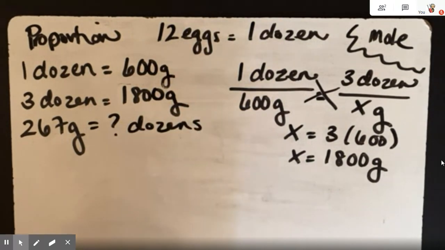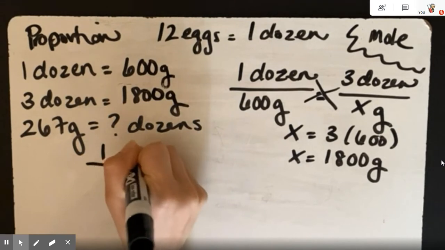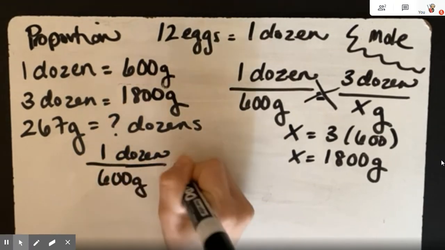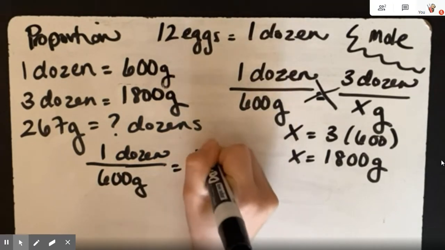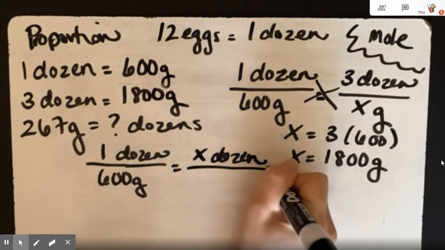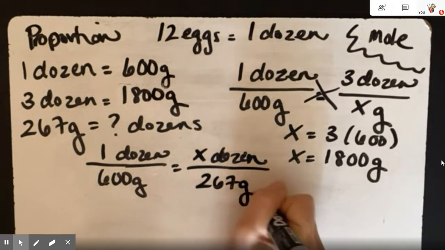How would you figure that out? It's not as easy to figure out in your head anymore, so you definitely need to use the proportion. We still know that 1 dozen is equal to 600 grams. But now we want to know how many dozens are equal to 267 grams.